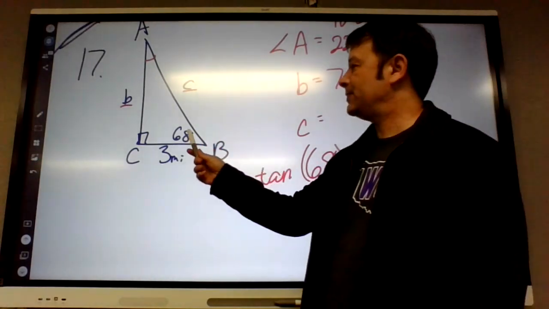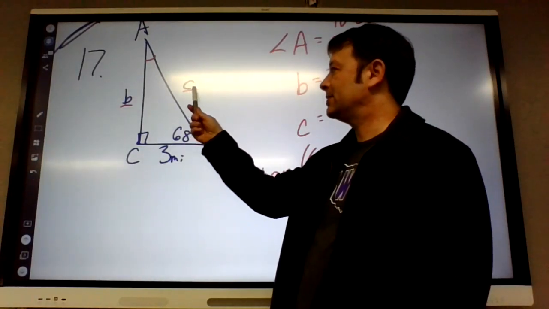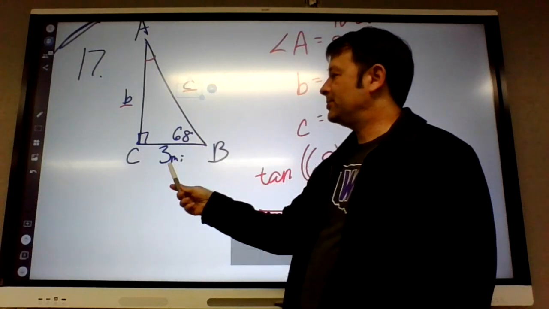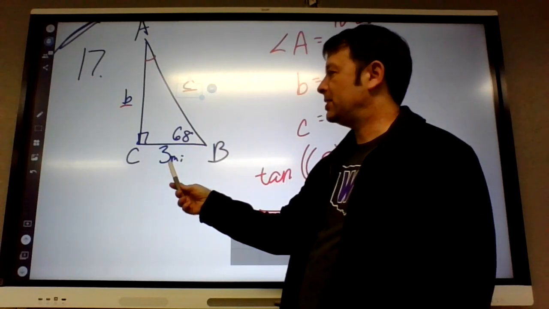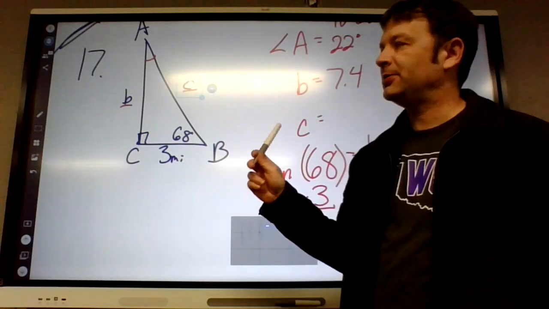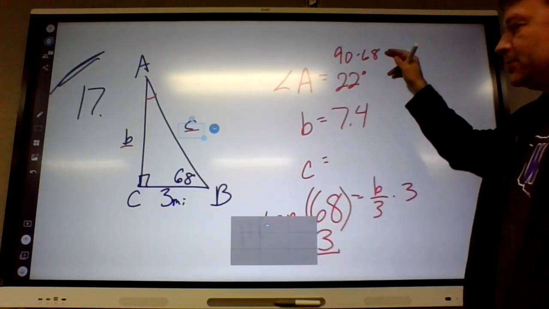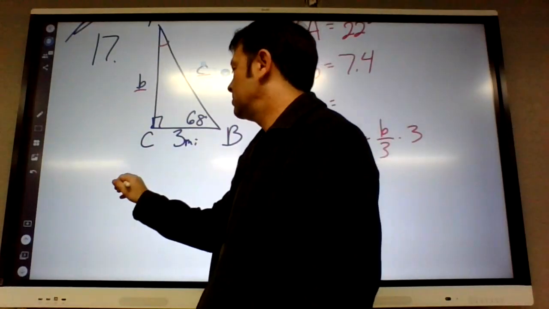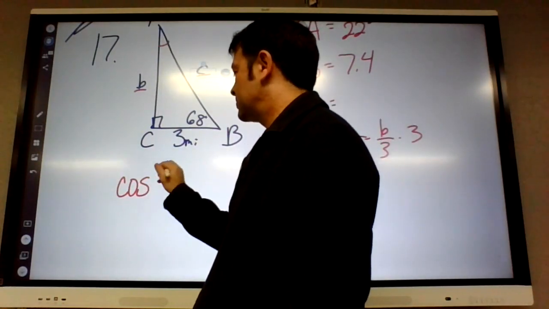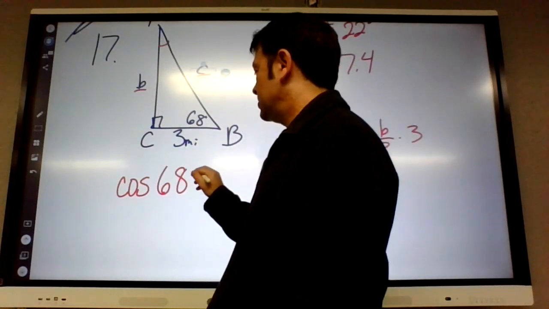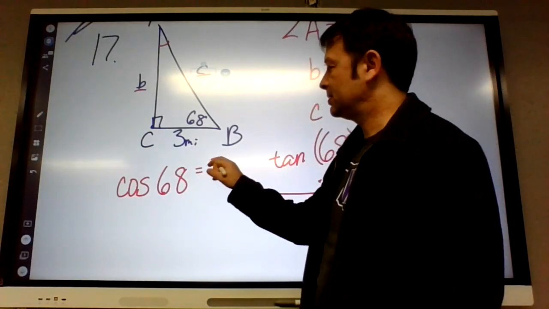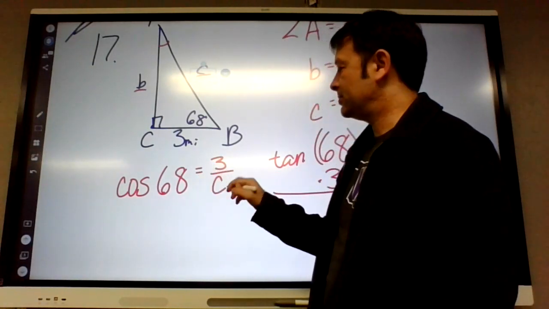Okay, let's try the same thing for C. Relative to 68 degrees, C is the hypotenuse, and this is still the adjacent. Which trig function does hypotenuse and adjacent? Cosine is adjacent over hypotenuse. So cosine of 68 equals adjacent over hypotenuse.